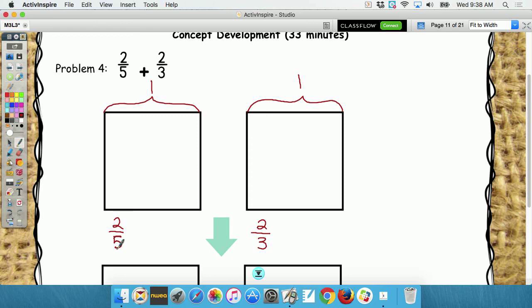How many equal parts on the first shape, Fernando? 2? Oh, 5. 2 are shaded. We cut it into 5 pieces and shade 2.